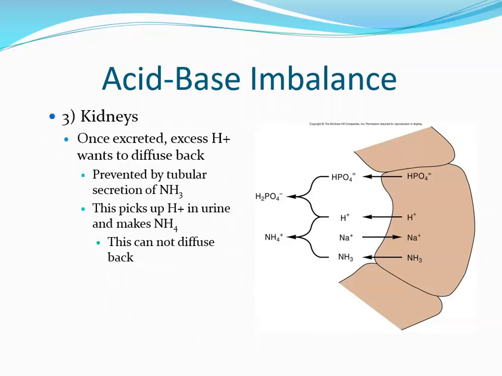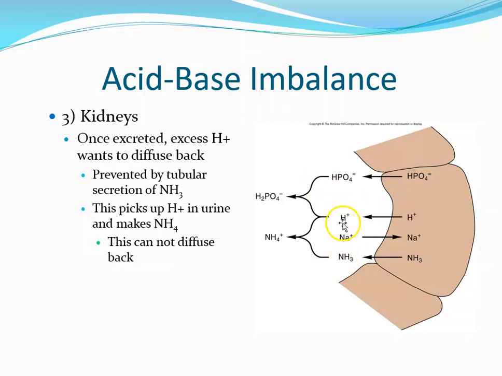Now, we want these hydrogen ions, once they're secreted, to be a permanent loss. So once excreted, we don't want these hydrogen ions to diffuse back into the kidney tissue. This is prevented by the tubular secretion of NH3.